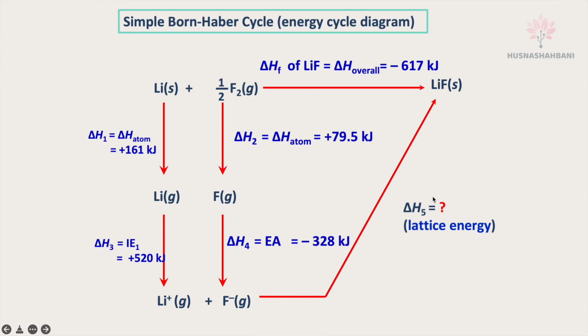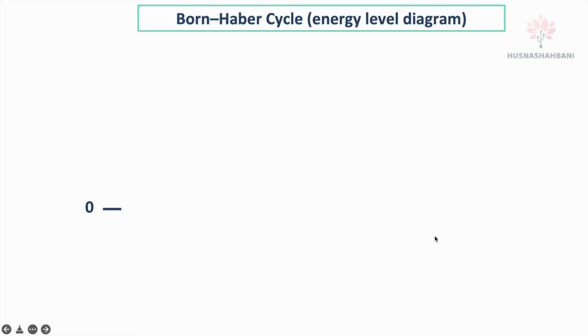So this lattice energy here, you use Hess's law. From Li solid plus half F2 gas to become LiF is equal to this delta H. You total all this, and it is equal to negative 617.